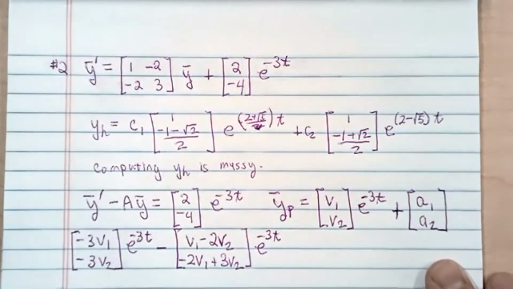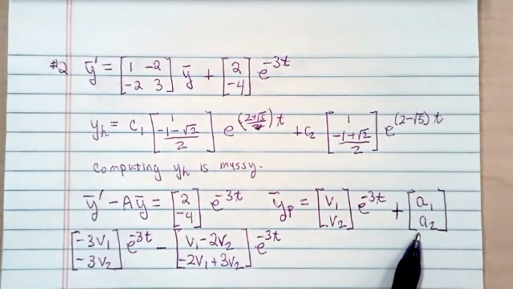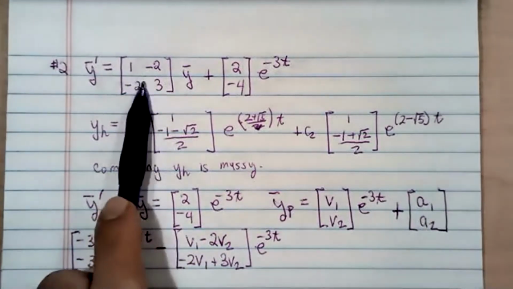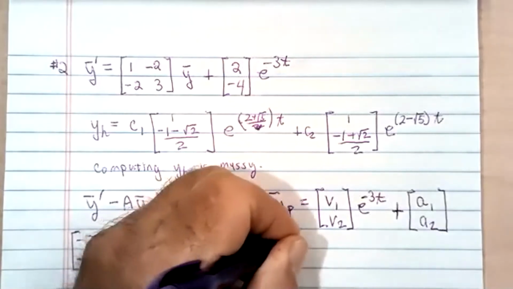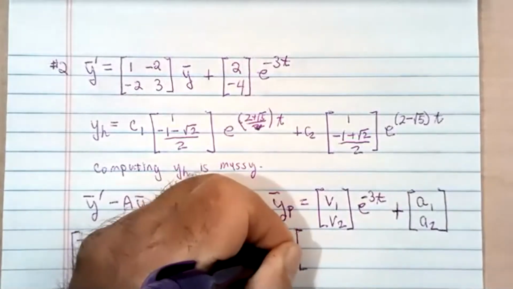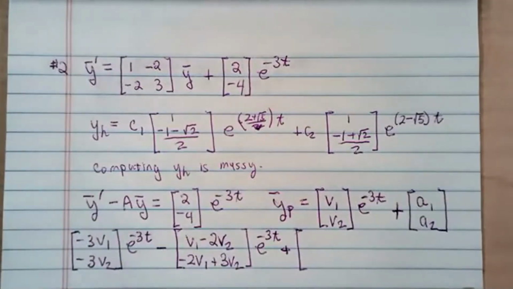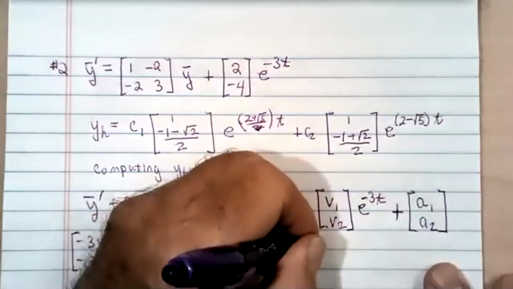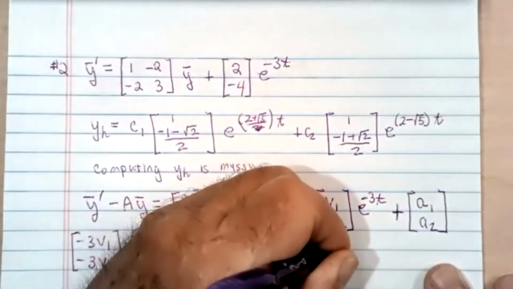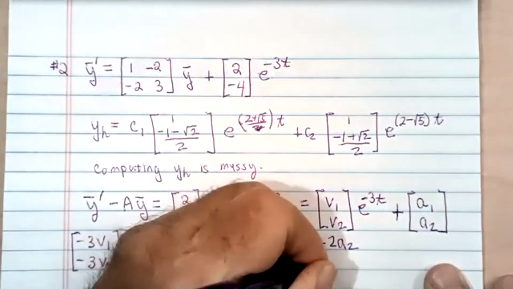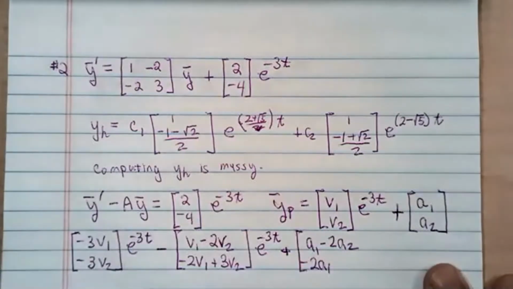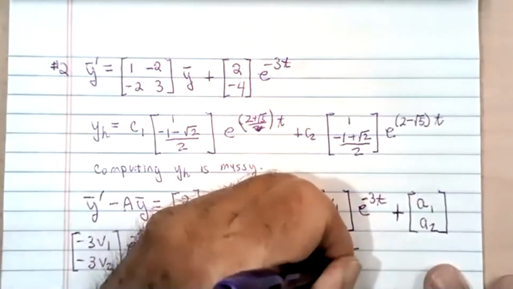And then when I multiply this constant vector a1, a2 on the left by this A matrix, I pick up a constant vector term, and that is a1 minus 2a2 and minus 2a1 plus 3a2.